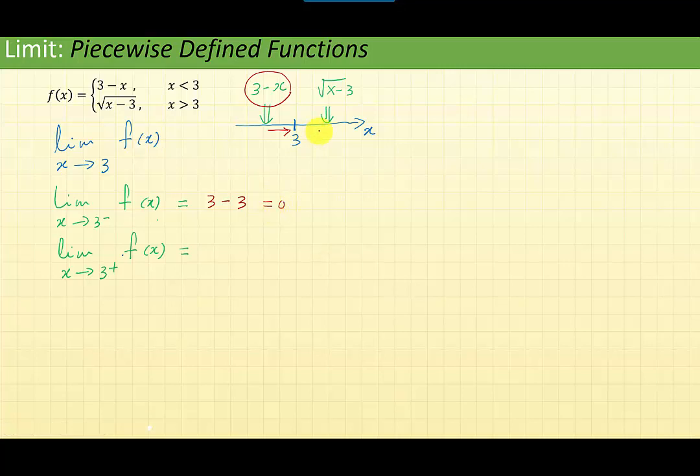Now, as x approaches 3 from the right, the function is the square root of x minus 3, which approaches, as x goes to 3, the square root of 3 minus 3, or the square root of 0, which is 0. Now, the left limit is 0 and the right limit is 0. Therefore, the limit as x approaches 3 of f of x is equal to 0.